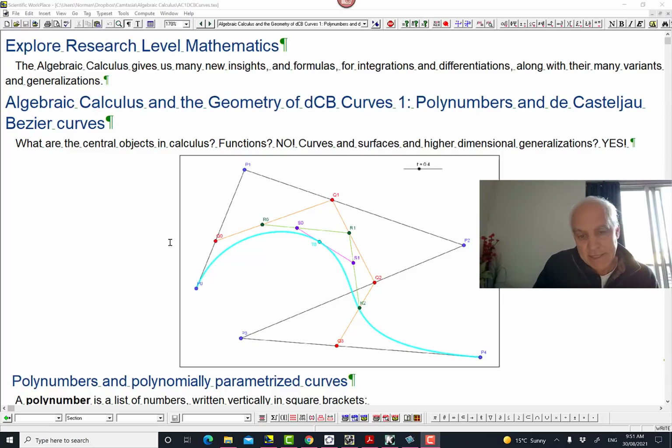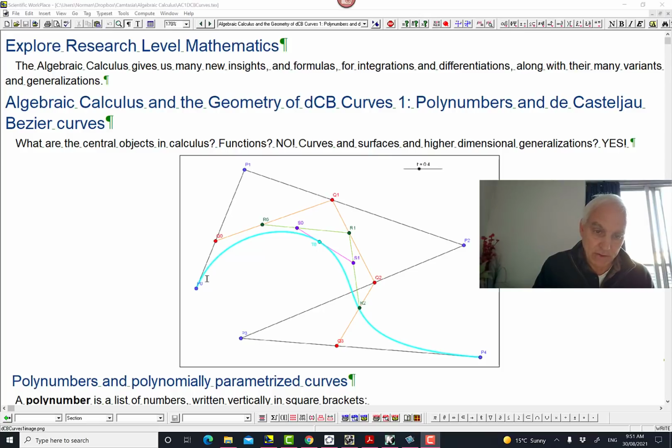And this diagram sort of exhibits what's happening. So what's happening here is that there's a parameter, t, which runs from 0 to 1. And as this parameter runs from 0 to 1, you have these sort of secondary points, the Q's, Q0, Q1, Q2, moving between the various P points.